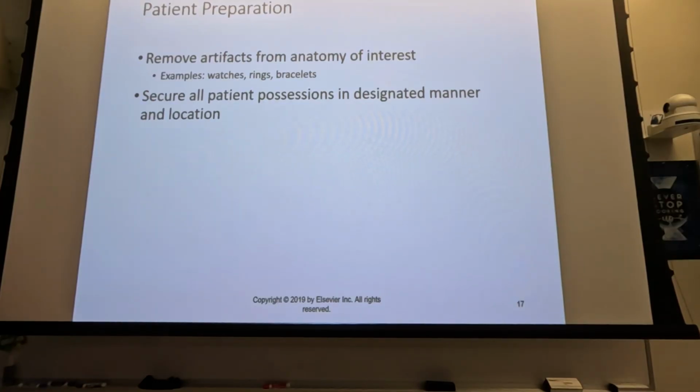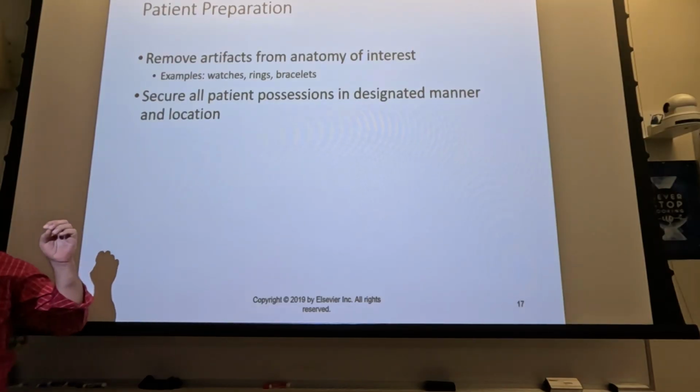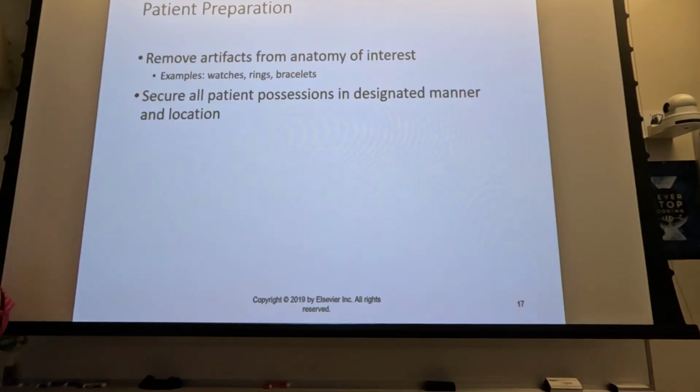Also, be very careful in removing gauze or anything that might be stopping bleeding, because sometimes even in the capillaries in the fingertips, if the patient has an arterial cut, it can spray.